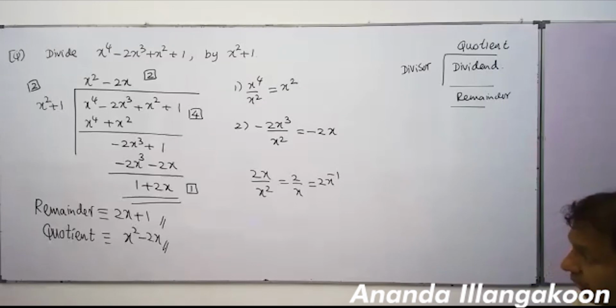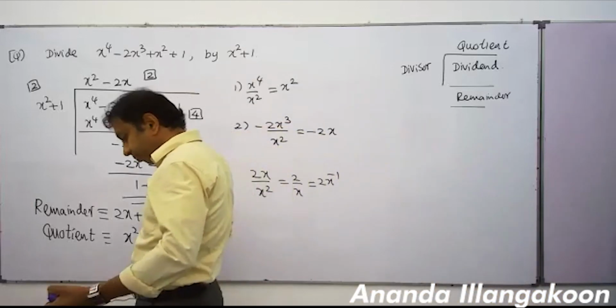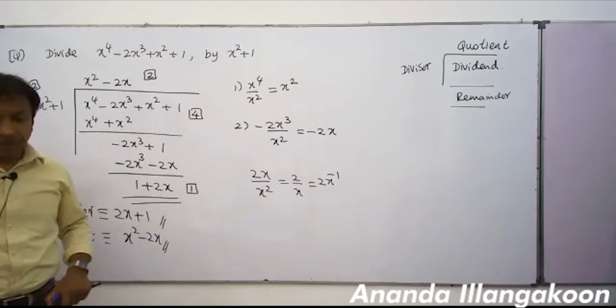The degree of the remainder is always less than the degree of the divisor.